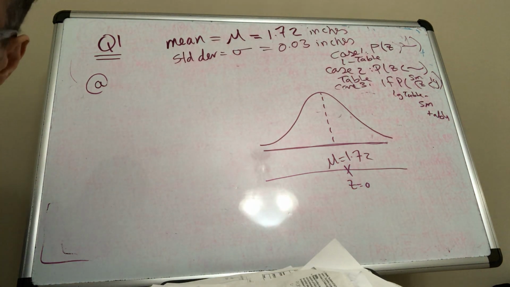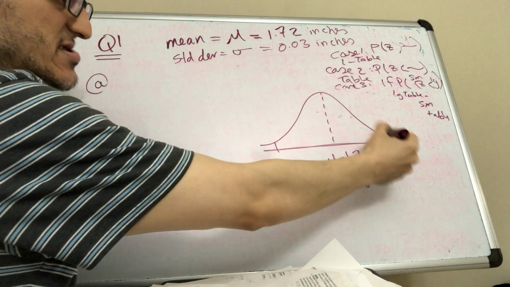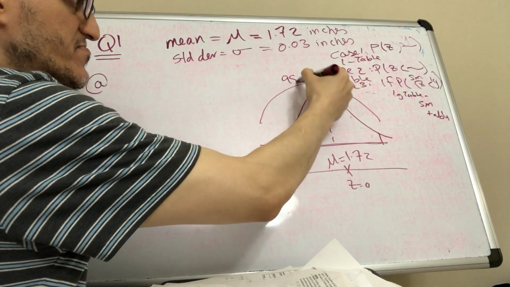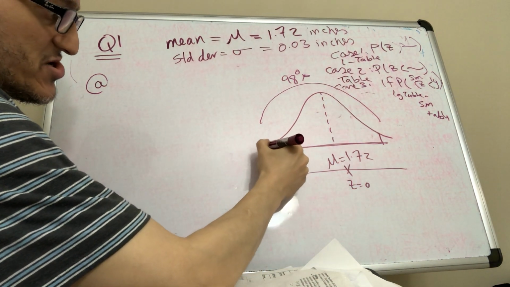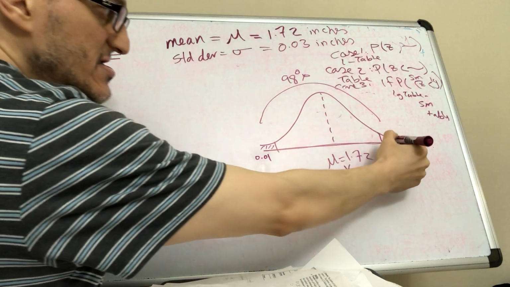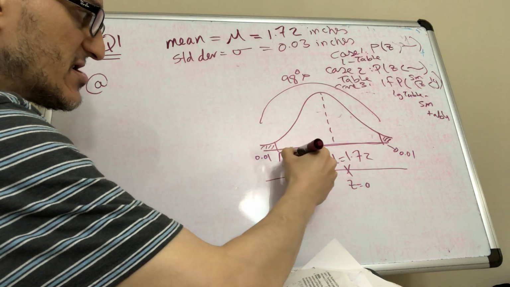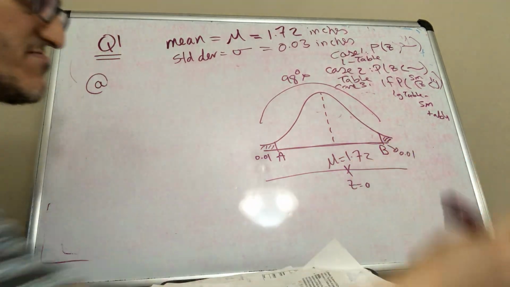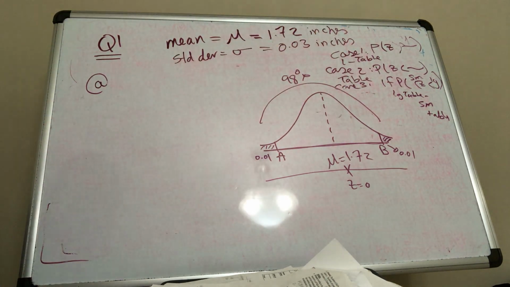They tell you it's 98%, and they tell you that it's symmetrical. So if it's 98% and symmetrical, you have it around the middle, leaving you with this portion 1% and this portion here 1%. So there is a number here A, and there is a number here B, where between A and B you get the 98% symmetrical.